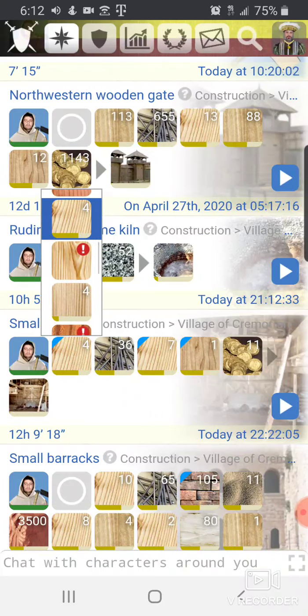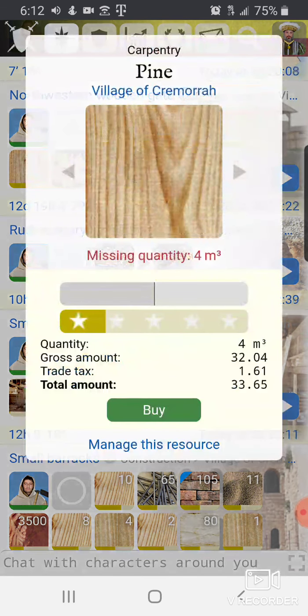If you don't have any wood at all, there's this little notification button at the top right corner. You can click that and buy resources directly from this page. If you're building a lot of things in a row, you can actually double this, and you won't have to keep doing it as much, but you can save a click or two doing that.